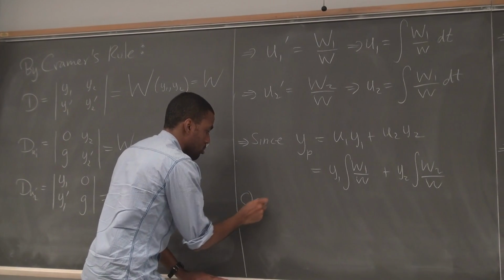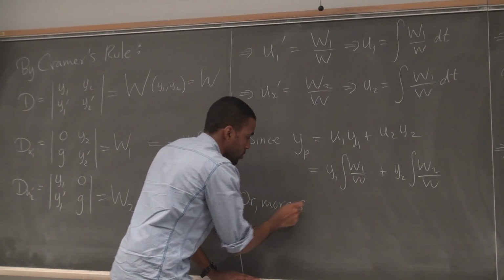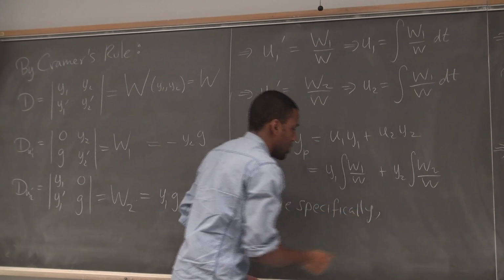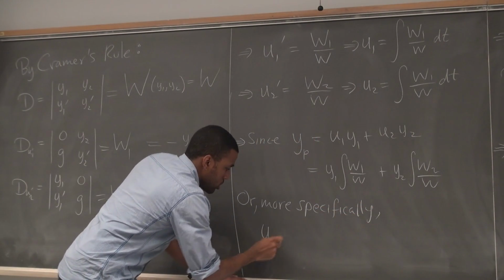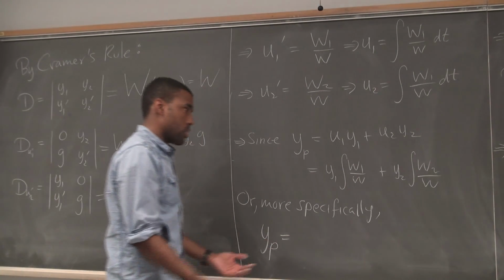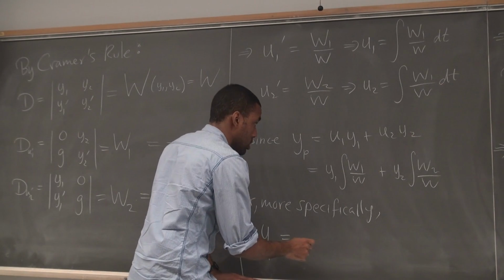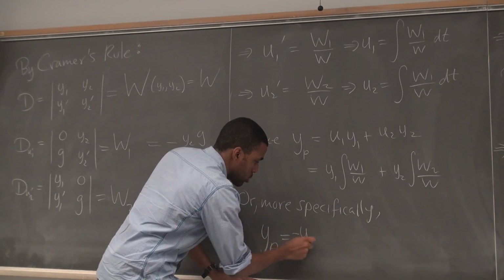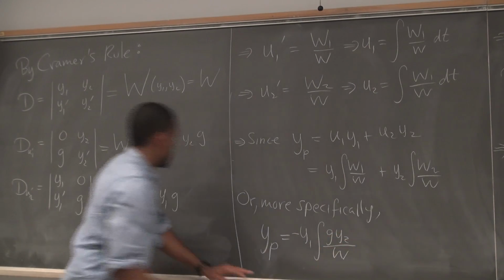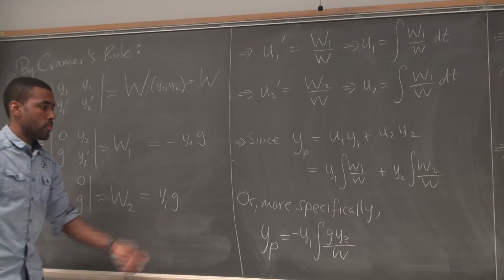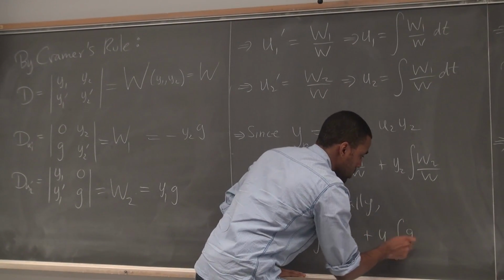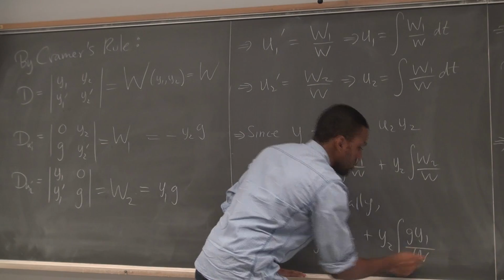Or, more specifically here, my particular solution, according to this method, for the second order non-homogeneous differential equation is going to be minus y1 times the integral of g y2 over w, because that's what this was, plus y2 times the integral of g y1 over w.